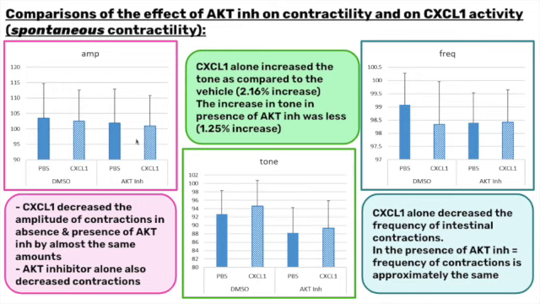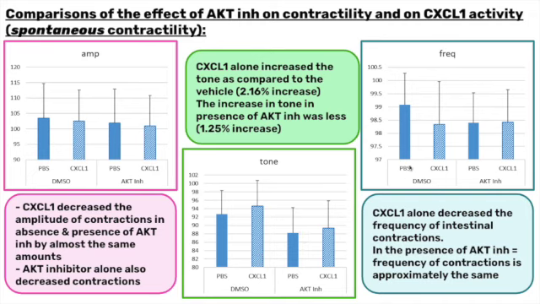But of note is that AKT inhibitor alone also managed to decrease the amplitude of contractions as well. Next, we can see that here, in both the absence and the presence of AKT inhibitor, CXCL1 increased tone by 2.16%, but when AKT inhibitor was used with CXCL1, the increase was of less significance, so it was just a 1.25% increase.